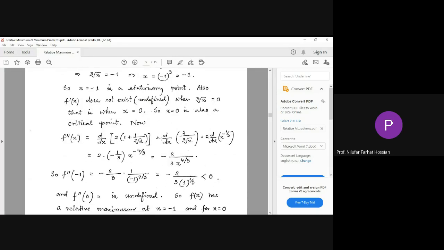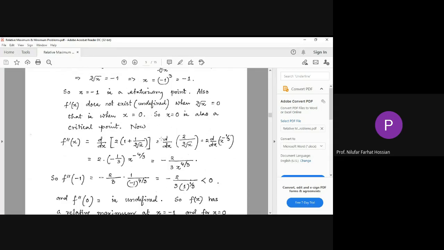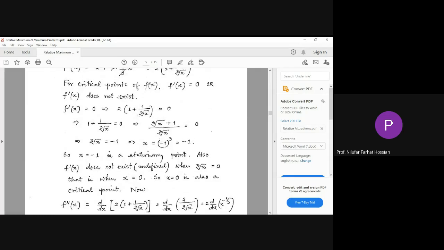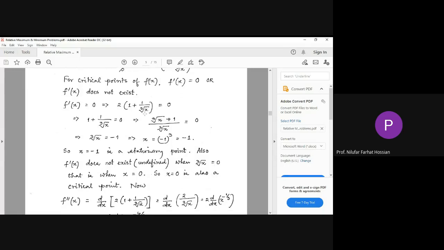Okay, let us now find the second order derivative. This was our expression for the first order derivative. So it will be what? Derivative of 1 is 0, so it will be 2 into derivative of this thing.